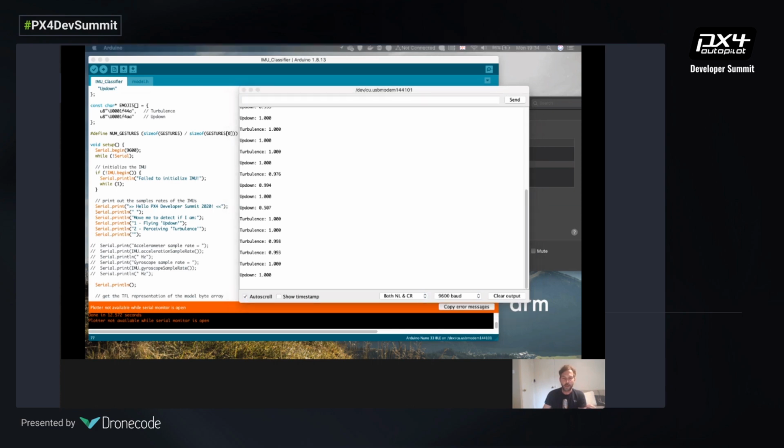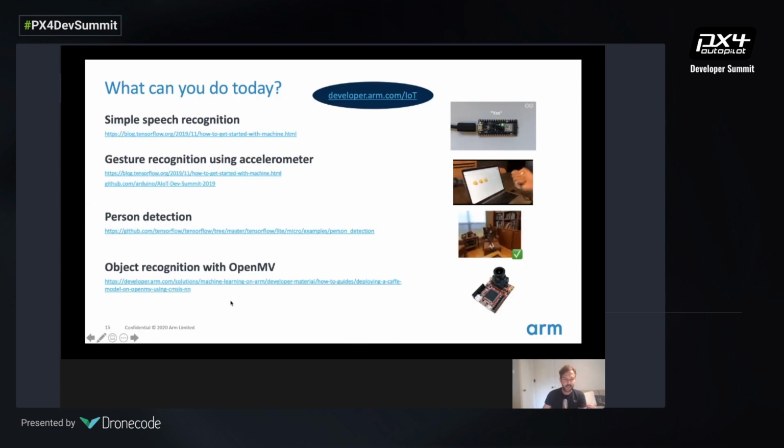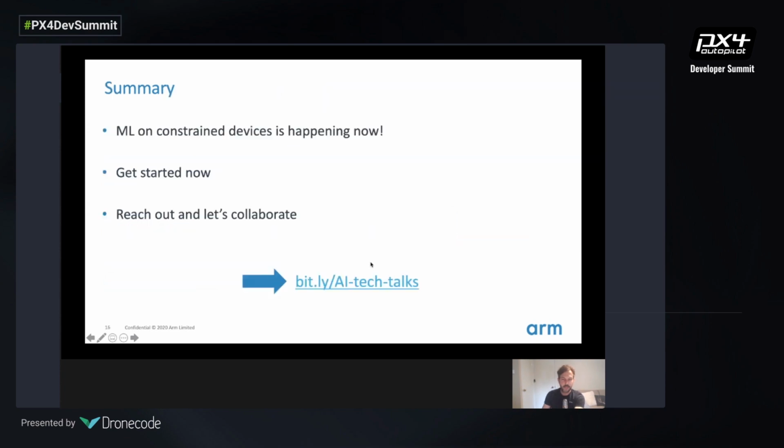Okay, so with that, I go back to the slides here. So in summary, I really think that machine learning on constrained devices, TinyML, is actually happening now. So it'd be interesting really to understand all the use cases that could be unlocked in the world of drones.